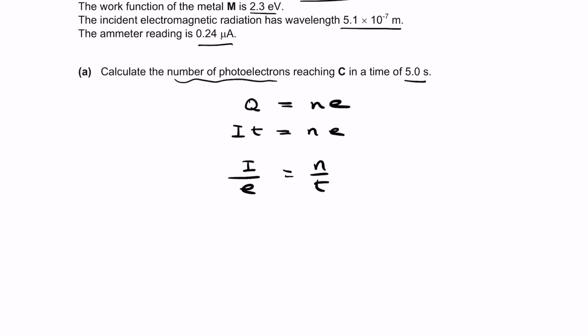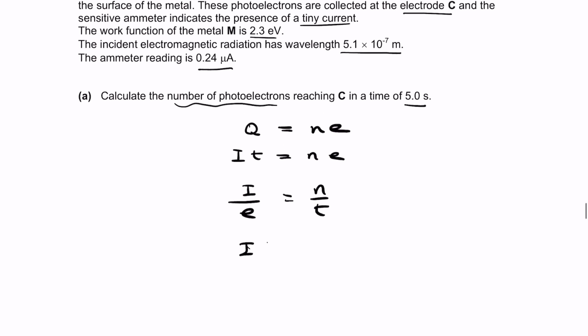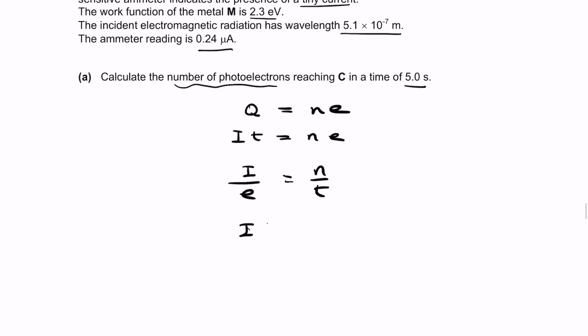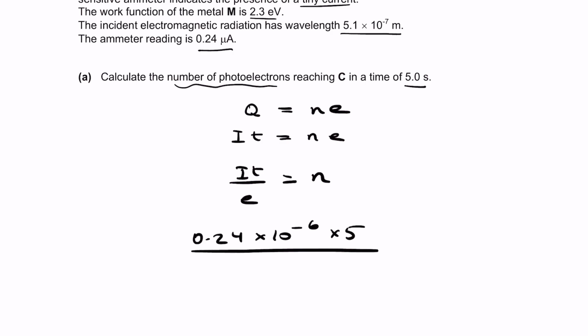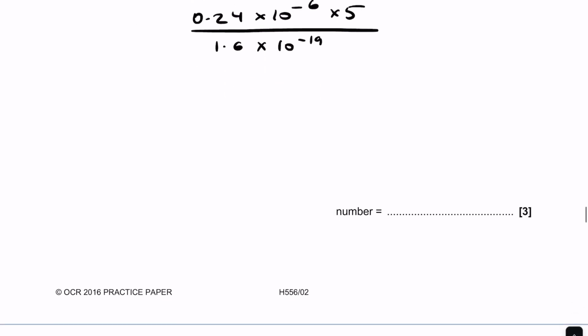In fact, I should probably multiply by t, because it's not the number of photoelectrons per second, it's the number of electrons in 5 seconds. So we have all our numbers in the correct units, and we end up getting an answer of 7.5 times 10 to the power of 12.